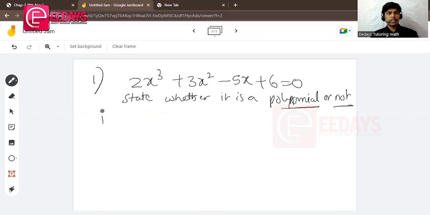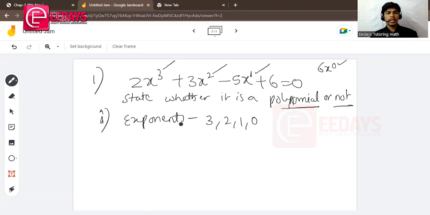How can you describe it? The first step is to write the exponents. Exponent is nothing but power. 3, 2, and 1, which is invisible, as I already told you. The 6 you can write as 6 into x power 0. What is the exponent here? 0. So you can write 3, 2, 1, 0. The exponent every time should be a whole number.